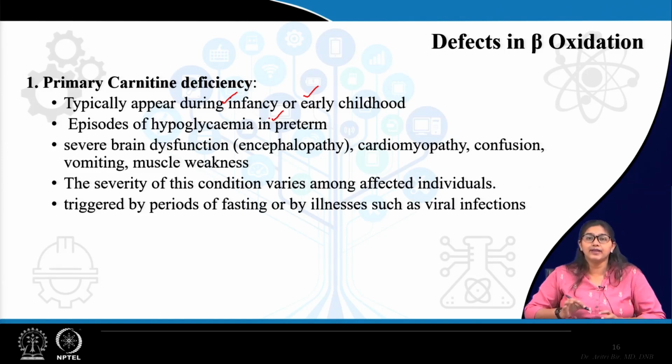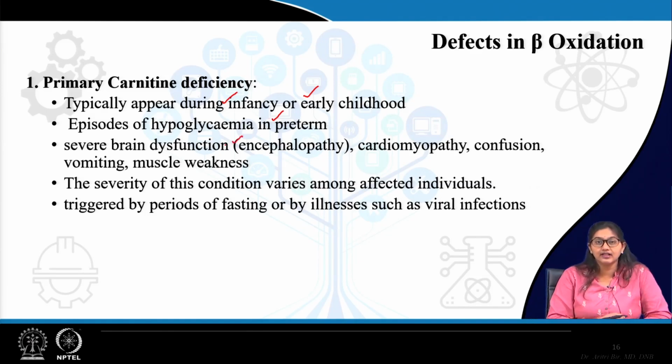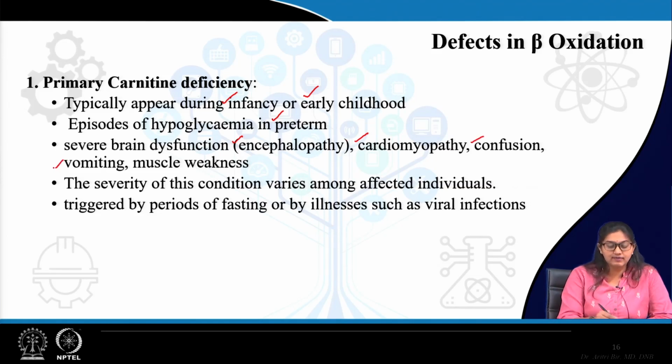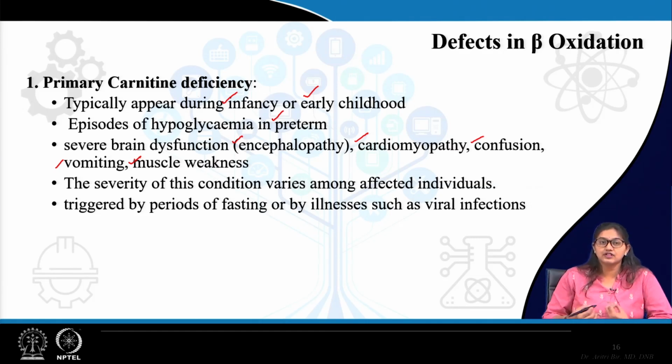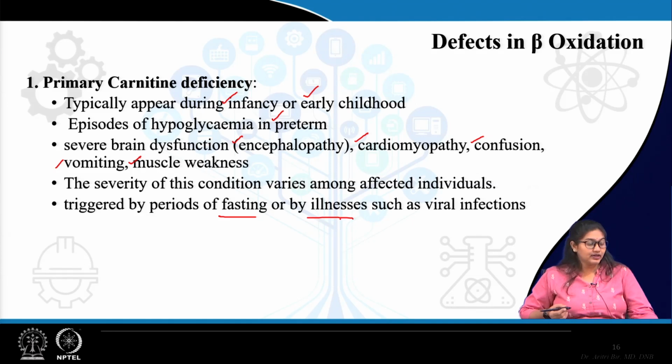Apart from that, the metabolism of the brain is hampered, so there is severe encephalopathy, and heart metabolism is hampered, causing cardiomyopathy, then confusion, vomiting, and of course muscle weakness, as I told you. The severity varies between individuals, and the episodes are triggered by either fasting or some illnesses like viral infections. So this is about primary carnitine deficiency.